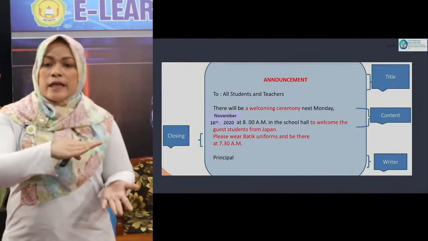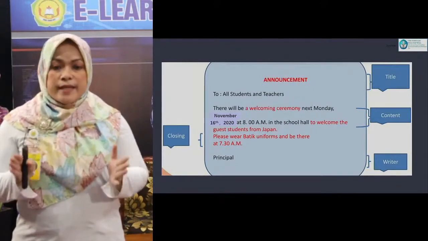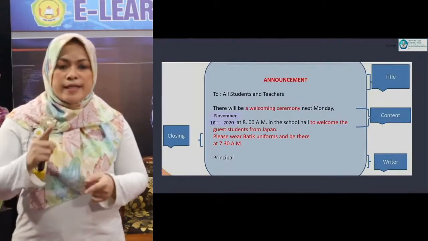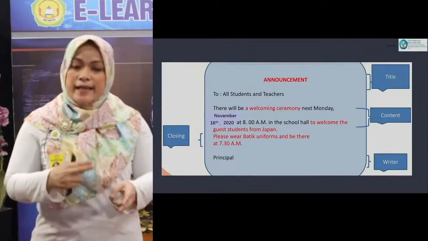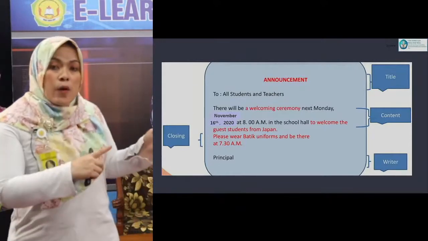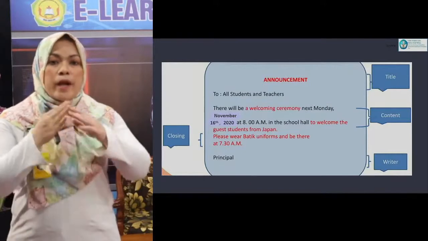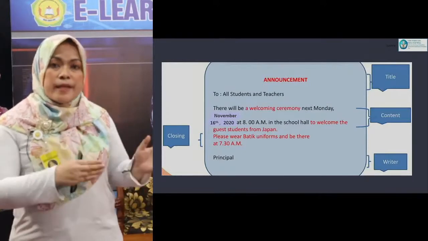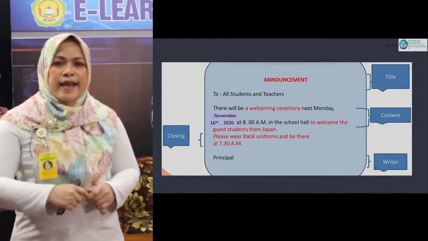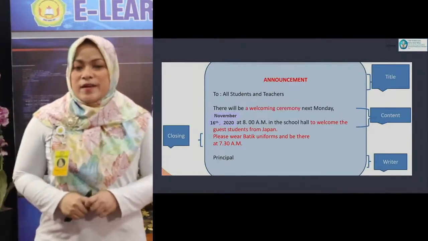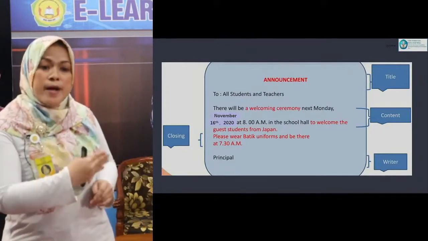And the content of it is: there will be a welcoming ceremony next Monday, November 16, 2020, at 8 a.m. in the school hall to welcome the guest students from Japan. Please wear batik uniforms and be there at 7:30. And the principal. So you can see the writer there is the principal or headmaster.